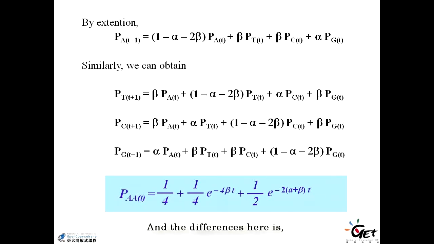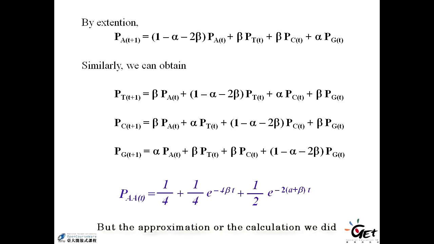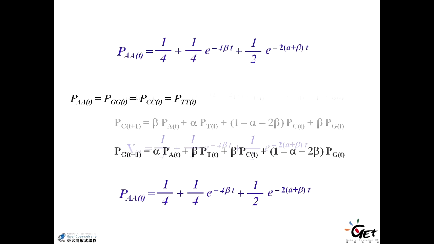The difference here is that there are two parameters, alpha and beta. But the approximation and the calculation we did are very similar. You start with the sequence status and change over time, and you ask how we can estimate the nucleotide change during the historical time. That's the thing we want to illustrate here.